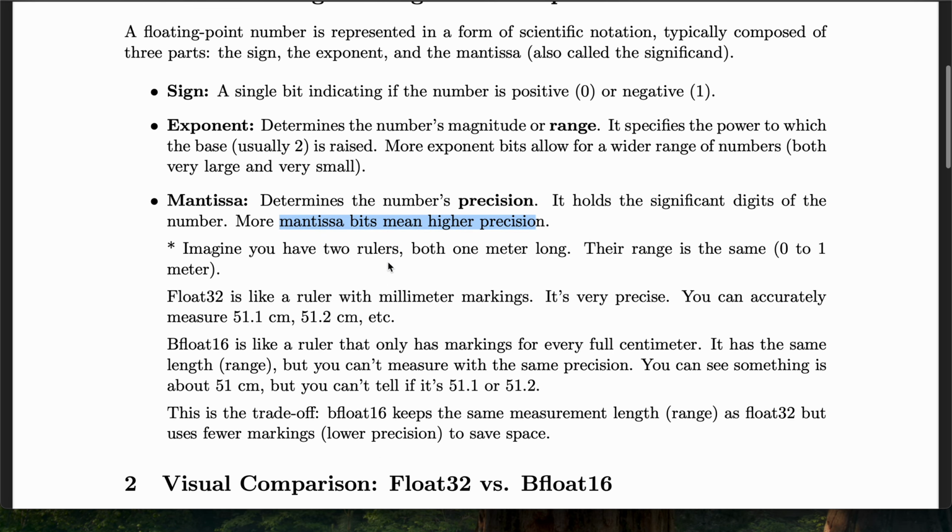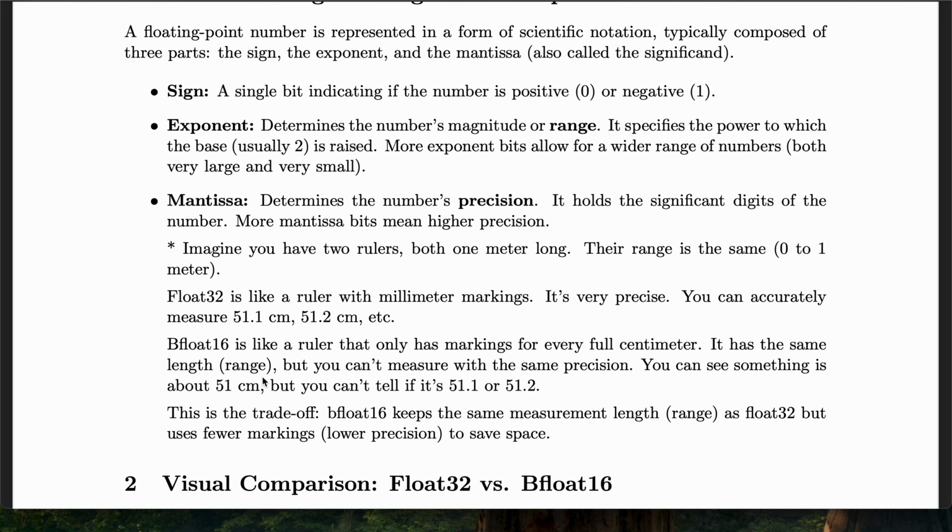So I thought I'd give a kind of representation that I found useful when I was first learning about these. Imagine you have two rulers, both of them 1 meter long, and the range is the same. They go from 0 to 1 meter. Float32 is like a ruler with millimeter markings. It's very precise.